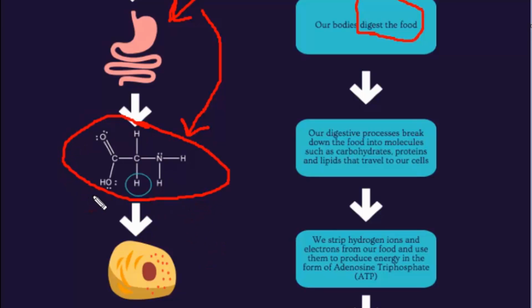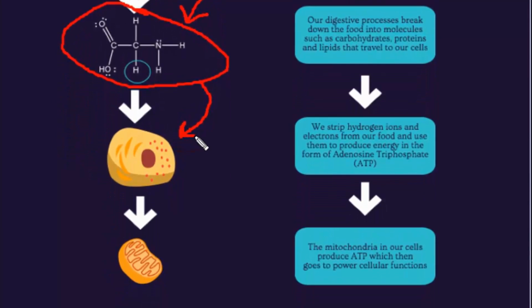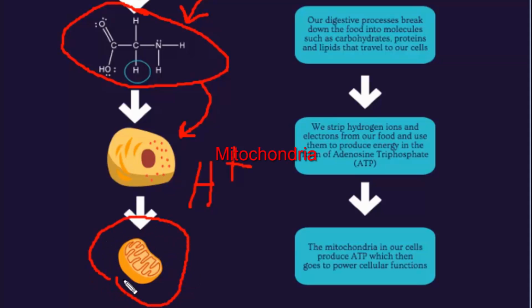That food, in this case, let's say glucose, goes from the stomach to the cell. And in the cell, the hydrogen ion, I'm putting it here as H+, is taken from that molecule inside the cell. And inside the cell, there's something called the mitochondria, that magical organelle that takes that hydrogen ion and makes energy.